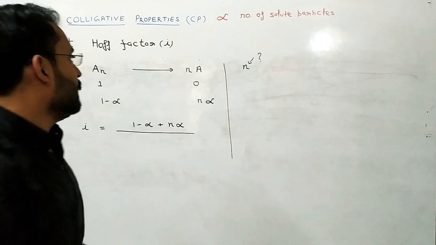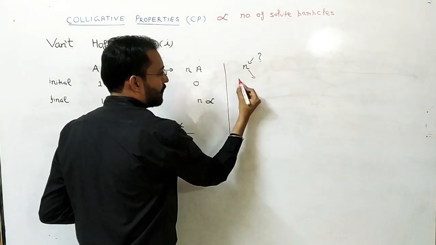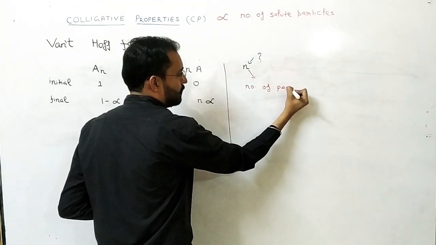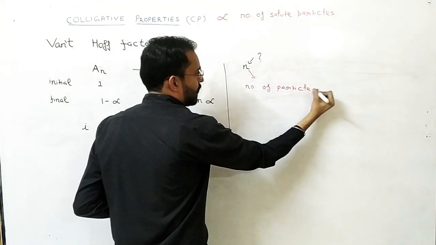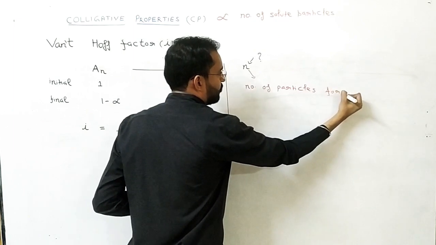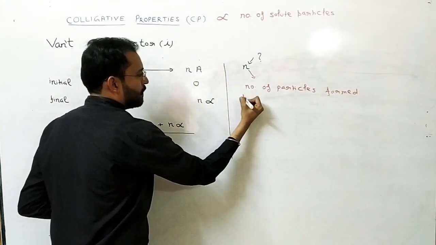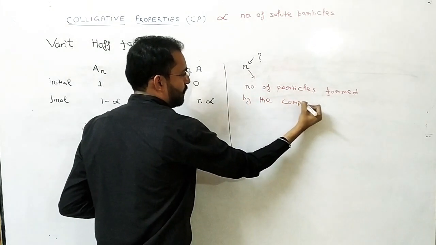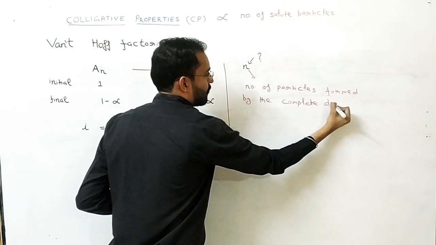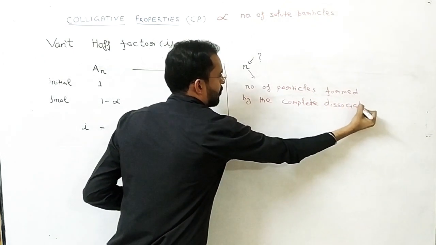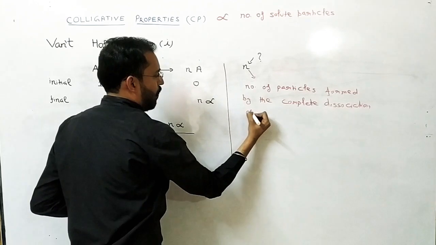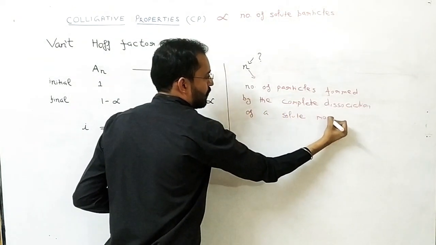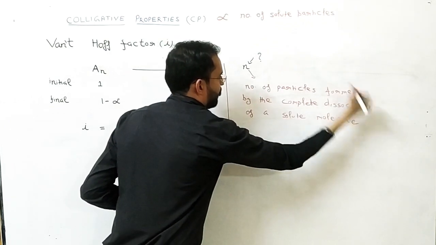Students, n is the number of particles formed by the complete dissociation of a solute molecule.